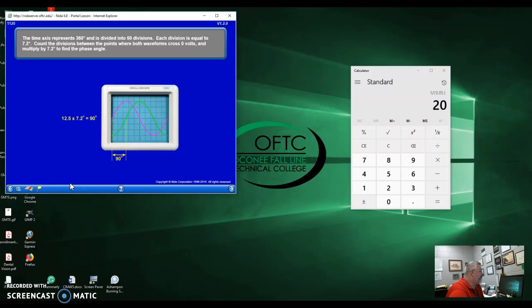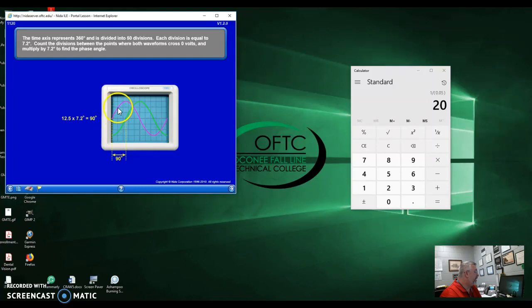So let's talk about first what we're seeing. If you get back to your math, remember sine, what it means, and this is a sine wave. When we look at a full waveform, that is 360 degrees. So we're looking at this purple wave.